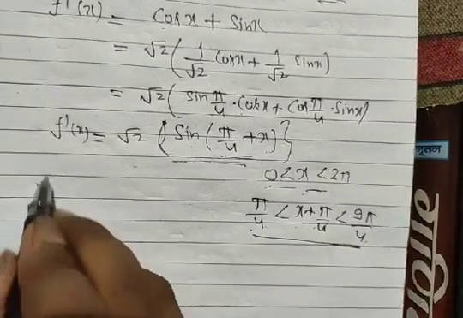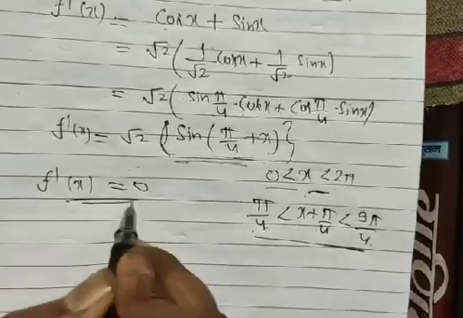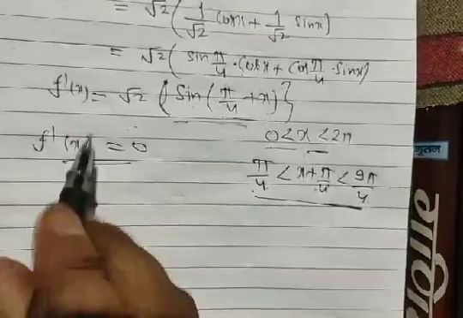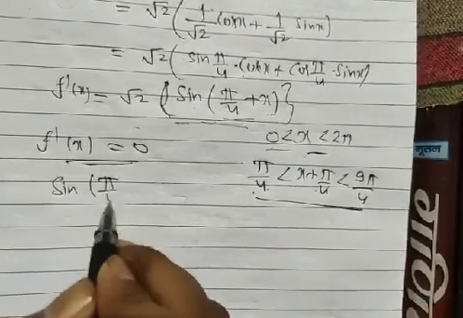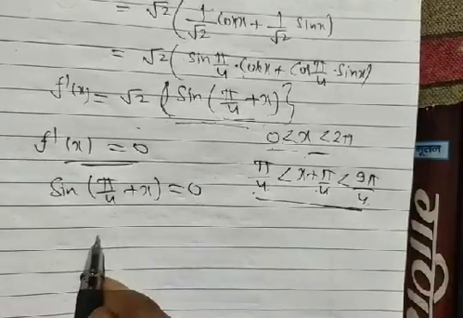Now when we do f dash x equal to 0, we put sin of pi by 4 plus x equal to 0.